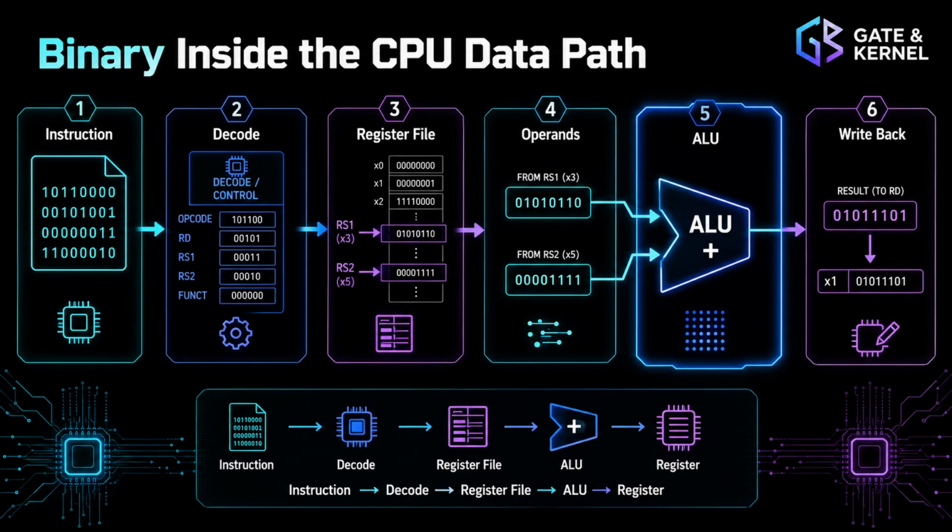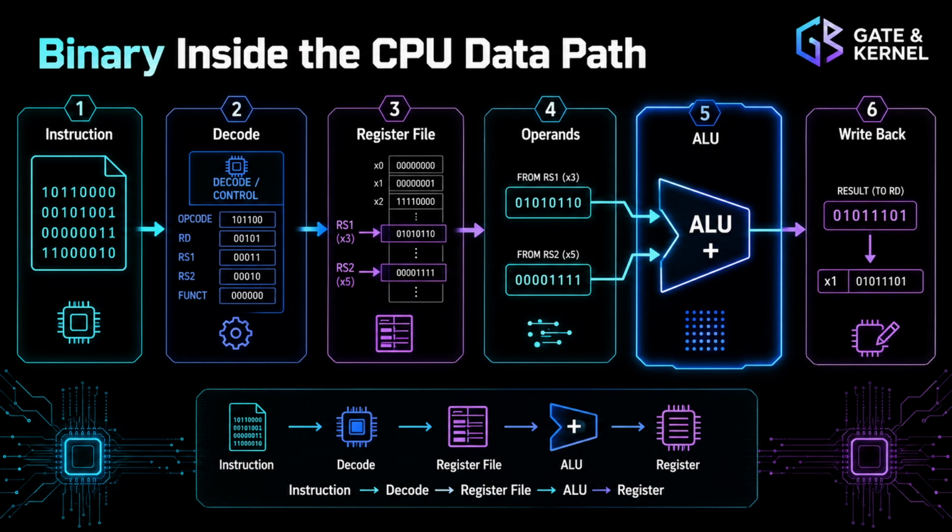Chapter 18. Binary inside the CPU. Datapath. Now we can connect these ideas to the processor. Suppose the CPU executes an addition instruction. The machine instruction itself is stored in binary. The CPU reads the instruction. Some of its bits identify registers. The register file outputs binary values. Those values travel to the arithmetic logic unit, or ALU.